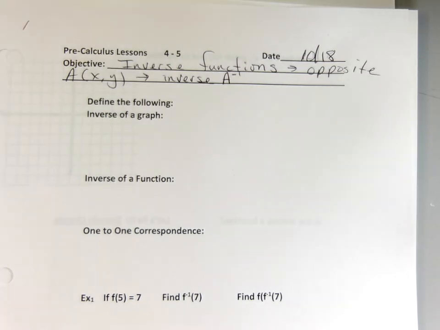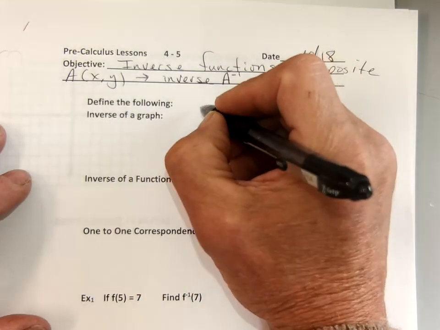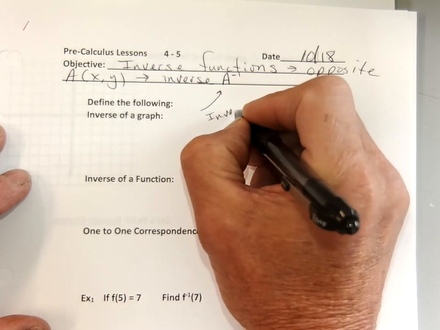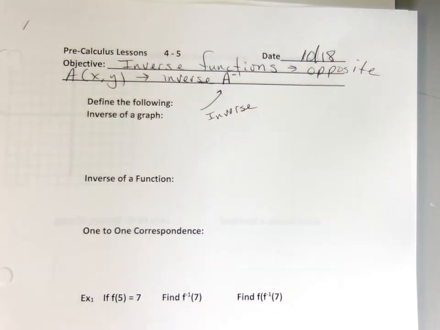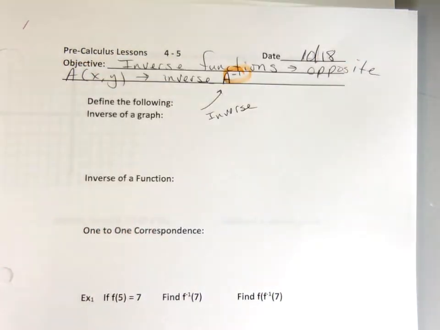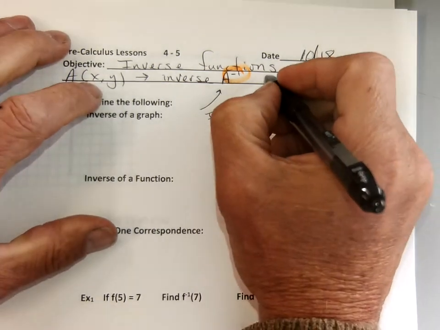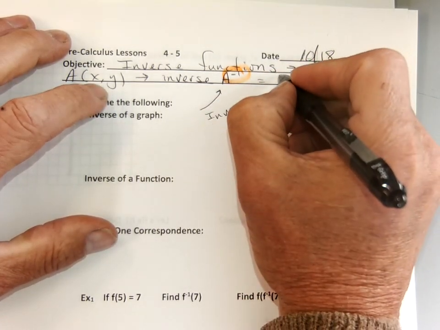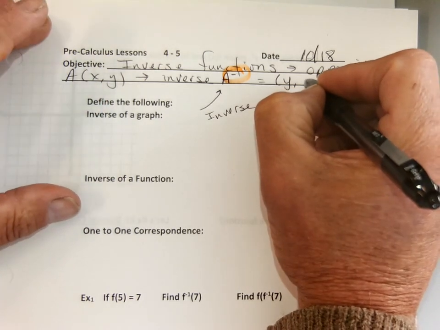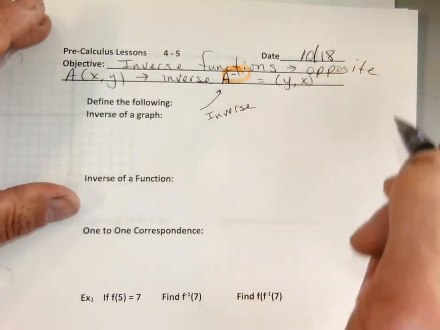A to the -1 power represents, that's the symbol for inverse. When I see that symbol, I know I'm looking for an inverse. Okay, so what is inverse? It's really pretty simple. We've done it before. We're just going to switch our y and our x. So we have a point, all y's become x's, and all the x's become y's. Okay, so that's how you do an inverse.